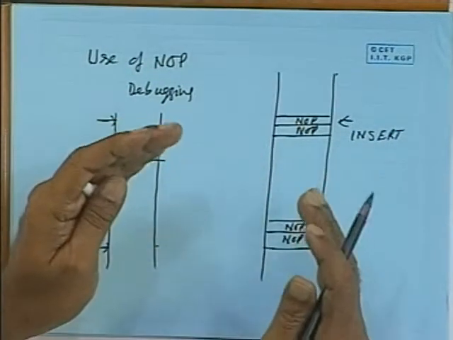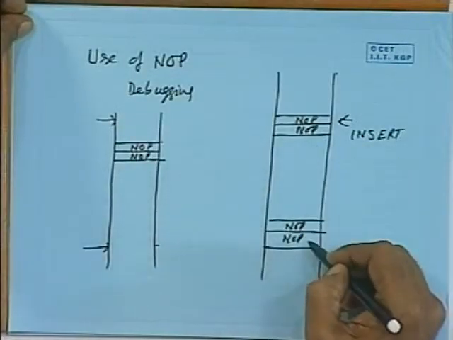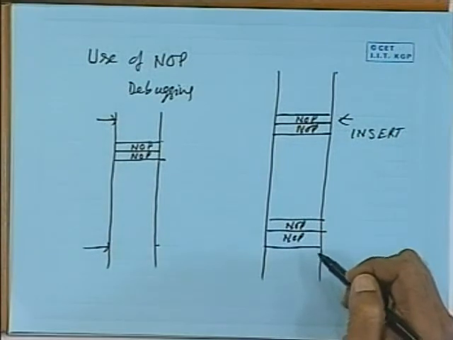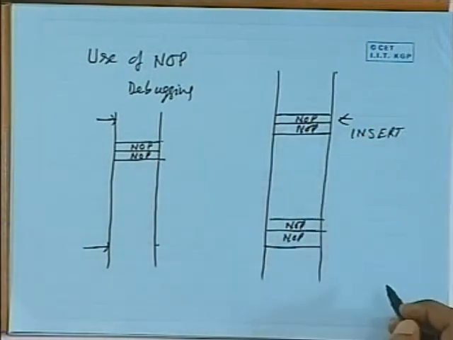So no-op plays a very important role while debugging a program. It can facilitate debugging. So you can write a program in such a way, by making use of no-op, that while debugging it is very helpful.